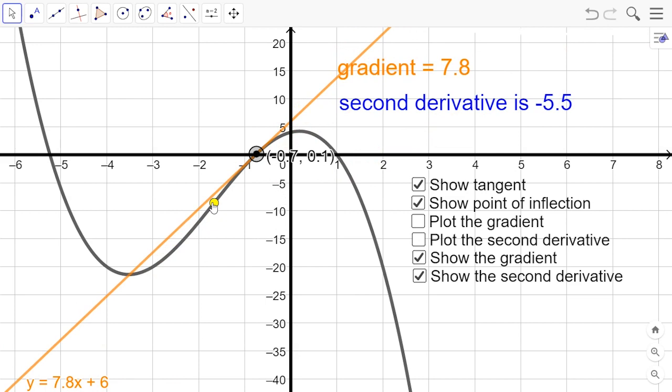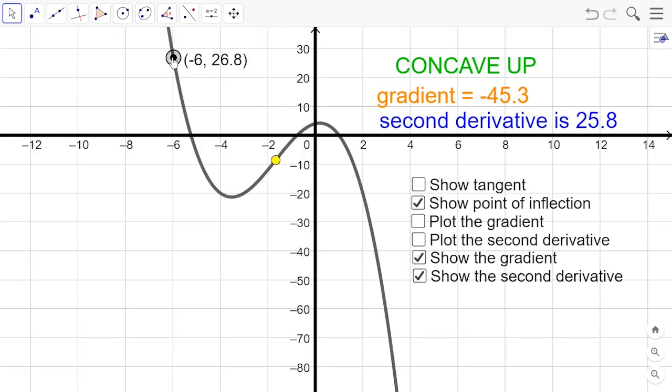This point is called the point of inflection, and it's the point at which the concavity of the curve changes. All along this piece of curve, the function is concave up, shaped like a cup. The gradient is increasing, and the second derivative is therefore positive.